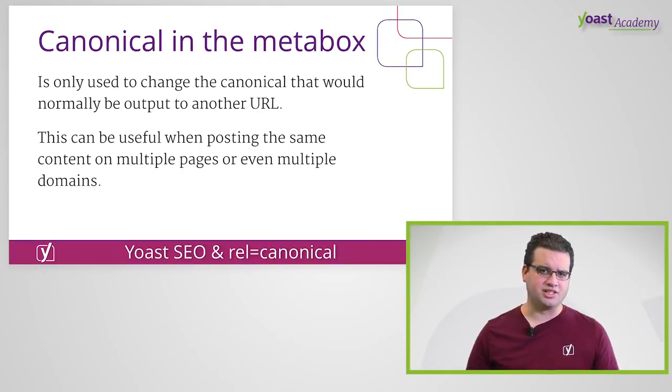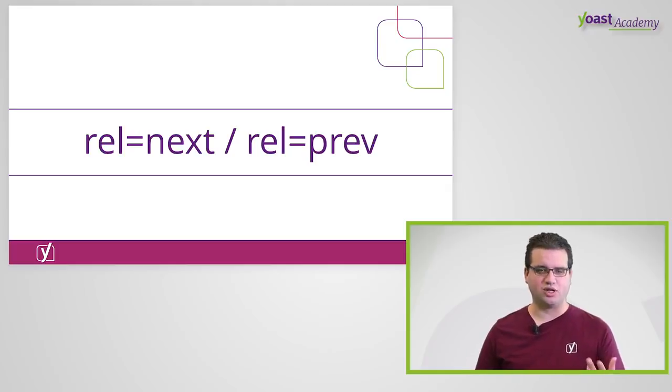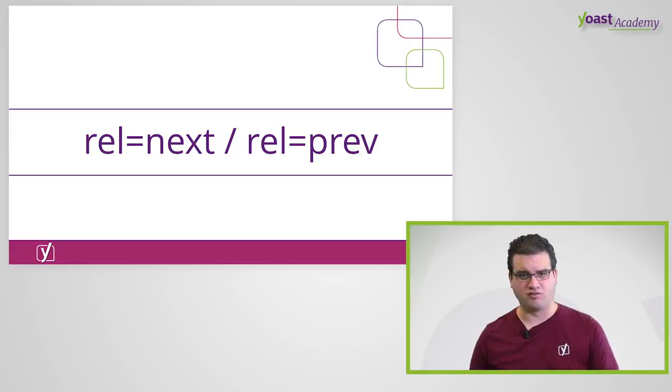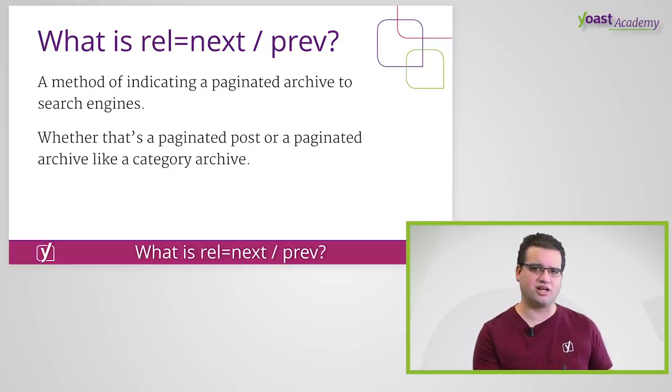Now related to this is another feature. It's called rel equals next and rel equals prev. Very boring actually, if you think about it. It's a method of indicating a paginated archive to search engines. So you've got an archive of posts in a certain category and it goes from page 1 to page 10.